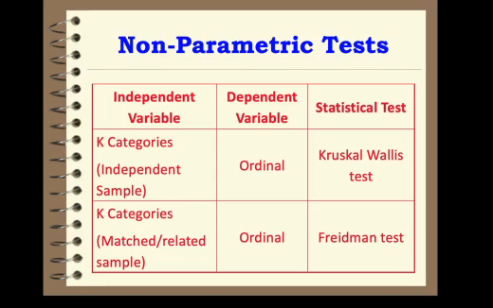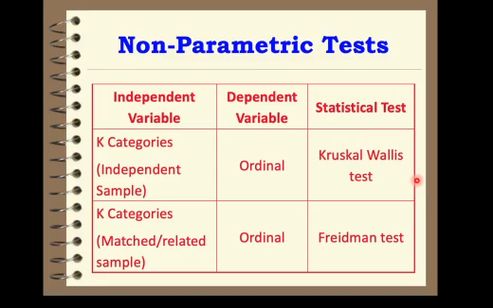Now, for the independent variable, we have K categories. They are independent samples, meaning they are independent of each other. And the dependent variable is ordinal or interval, then the statistical test to use is Kruskal Wallis.